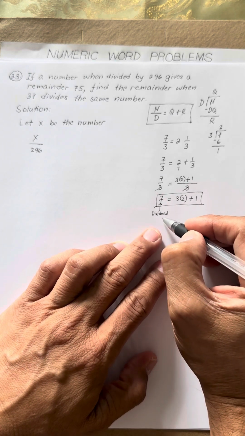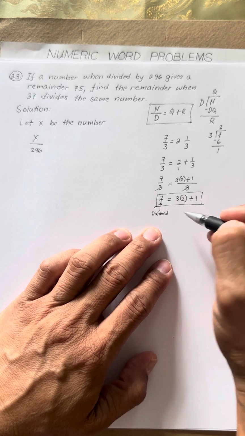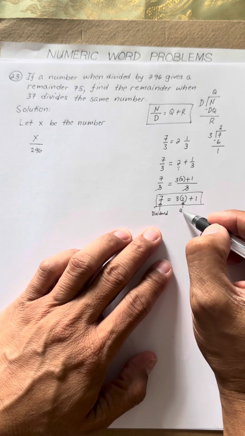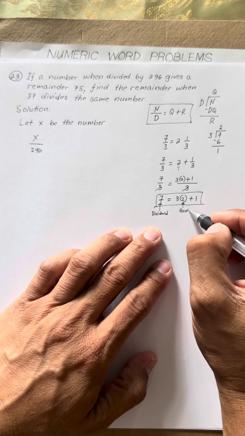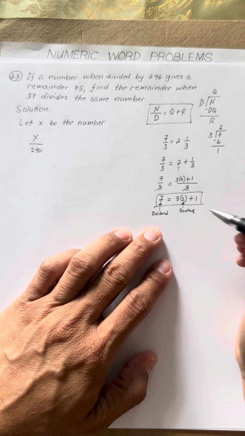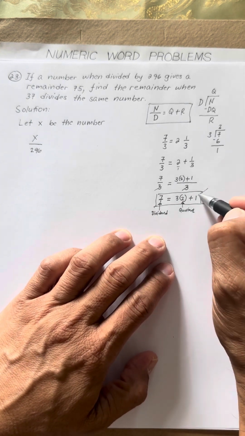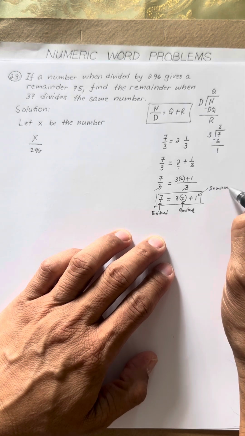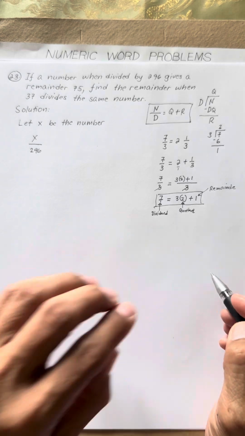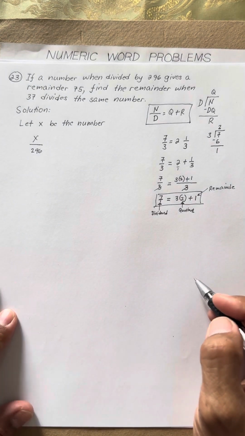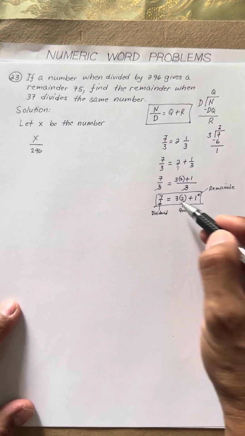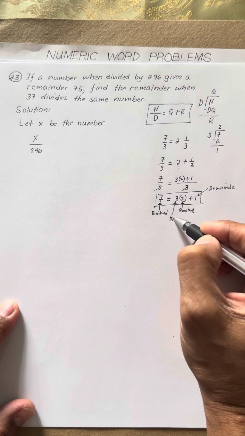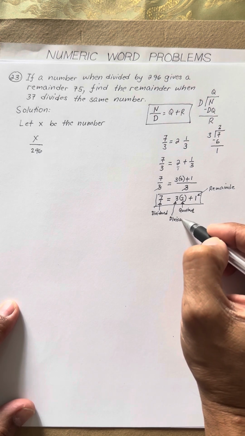And take note, the 2 here is the quotient, and our 1 here is the remainder. So 3 here is the divisor, the one that divides.